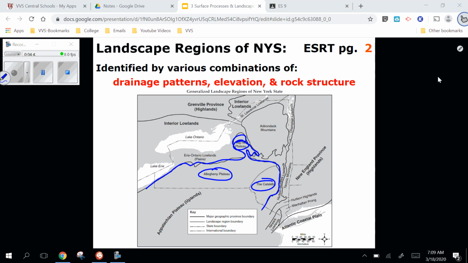So even though we classify them as separate landscape regions, they're actually technically part of the larger region. Tug Hill Plateau, Allegheny Plateau, Catskills, those are really all part of what's called the Appalachian Plateau. And it extends southward out of New York.